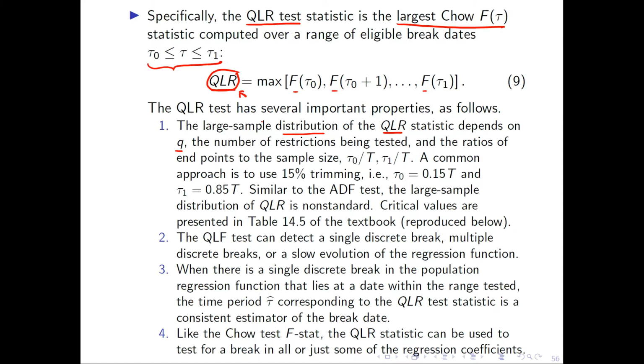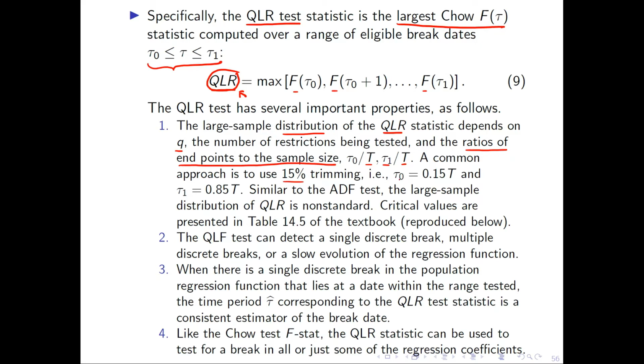The QLR statistic also depends on the ratios of endpoints to the sample size, which is just tau naught divided by the total number of observations. And the endpoint is tau 1 divided by the total number of samples. The standard here is to use 15% trimming.